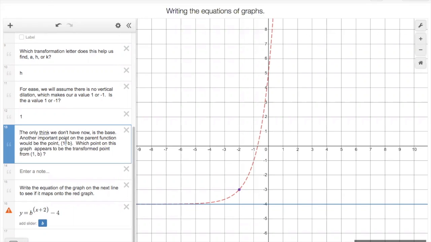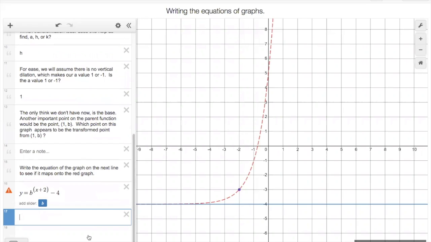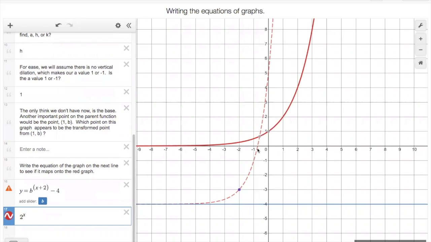Another important point on the parent function would be the point 1, b. Which point on the graph appears to be the transformed point from 1, b? So again, just to emphasize what we're talking about with this point 1, b, notice on 2 to the x we always have that y-intercept, and then the point just to the right, where x is 1, is always going to be whatever the base is.